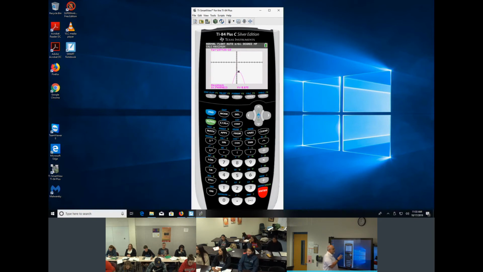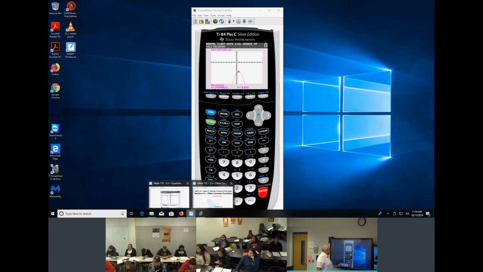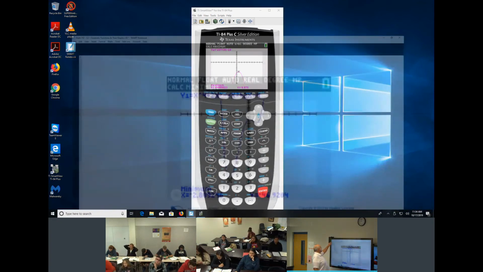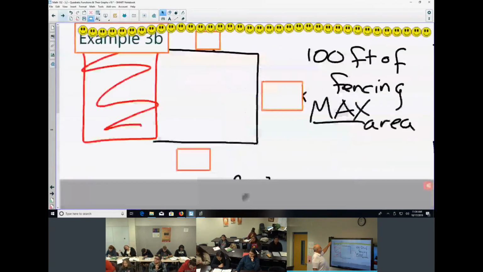And boom. So that's your maximum. And so remember, the x value is where it occurs. The y value is the actual maximum value. Okay? Or the minimum in the case where your parabola opens down. Okay?